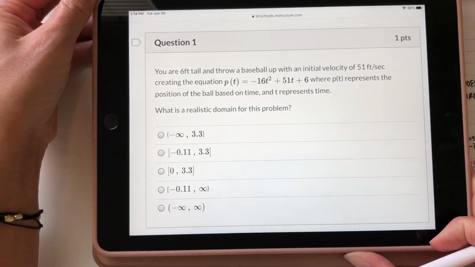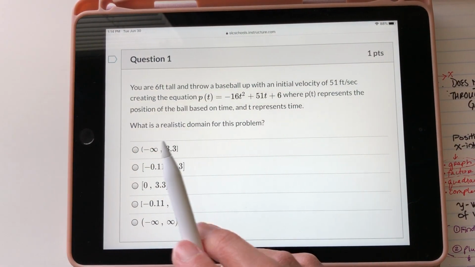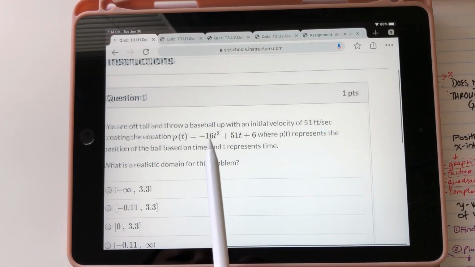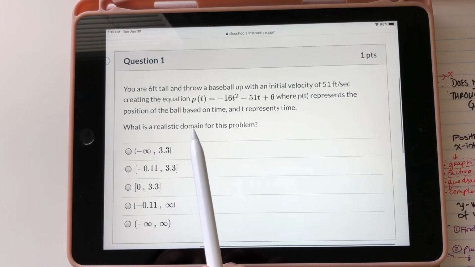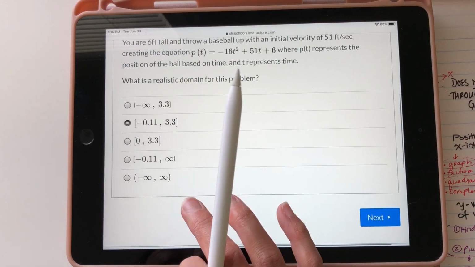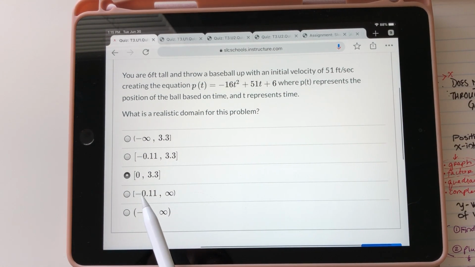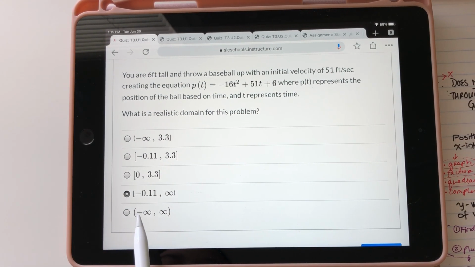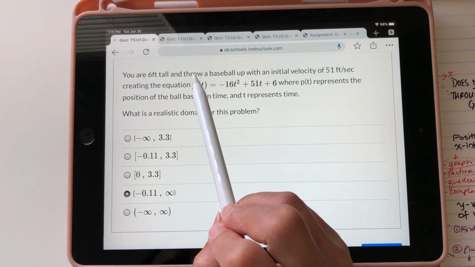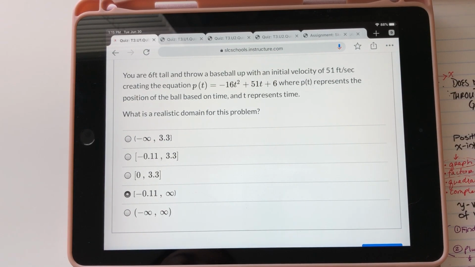Now, number 1, you can do it faster than you think. And the funniest part about this is you don't even have to read the question. What is the realistic domain? Look at all those minimum values. Negative infinity, negative 0.11, 0, negative 0.11, negative infinity. Well, the question's asking for the realistic domain, and I'm throwing a baseball up, and then it comes back down.